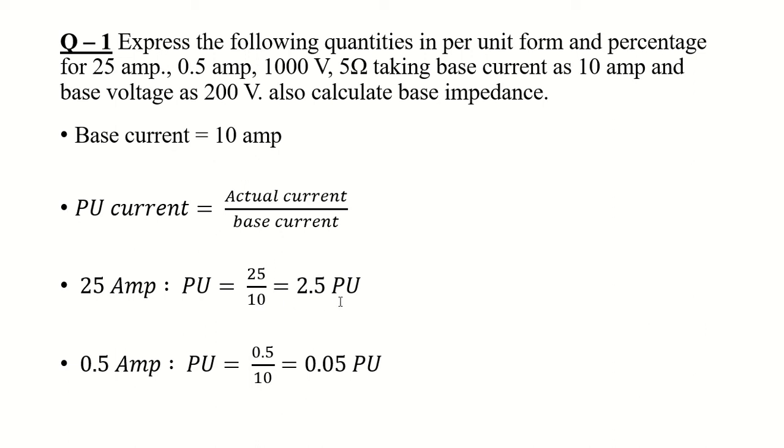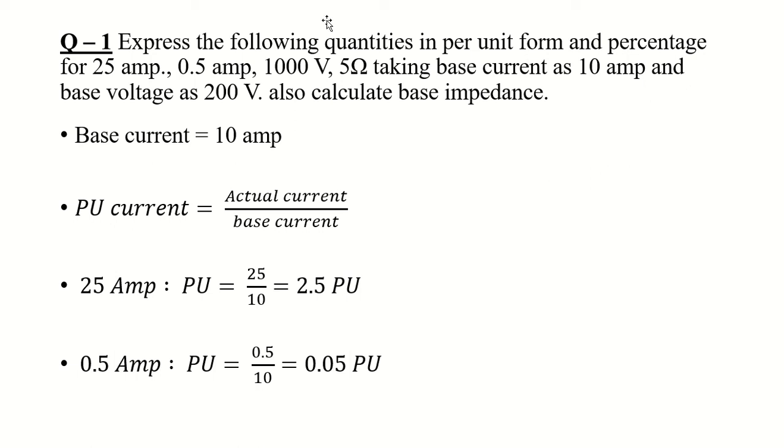When we take the ratio, we get 2.5. And remember, in the previous class I mentioned that while calculating per unit values of various quantities, there will be no unit. So we write pu, or per unit: 2.5 per unit.